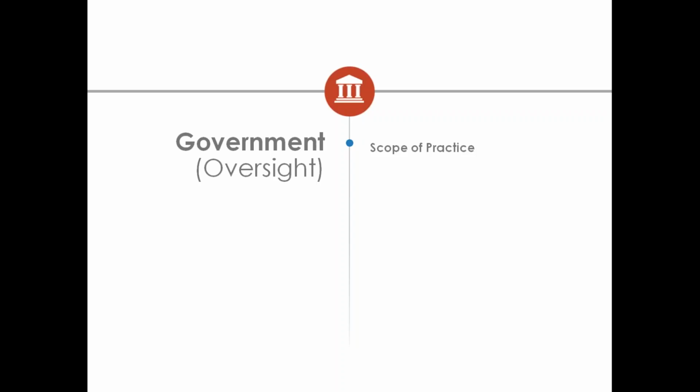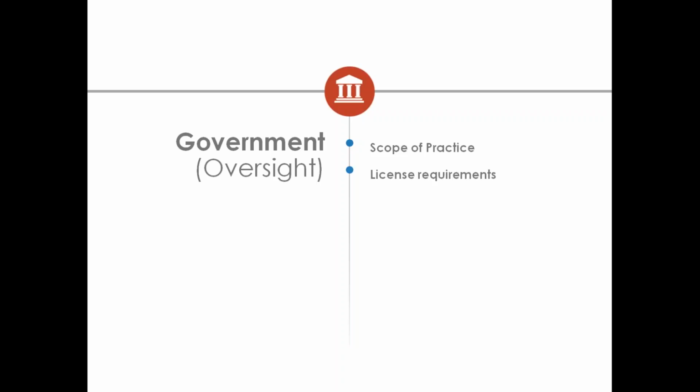They also play a role in oversight for providers, providing the scope of practice. They're really the controlling entity, whether at a state level or a federal level, that determines your scope of practice, what you're allowed to practice and what you're not allowed to practice. It's very important that you stay connected with organizations, such as your state associations and the national organizations that fight hard for you to help you expand the scope of practice, to help you stay within that scope of practice, and to make sure that you're treated fairly.